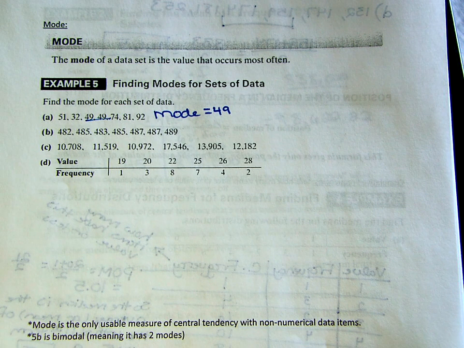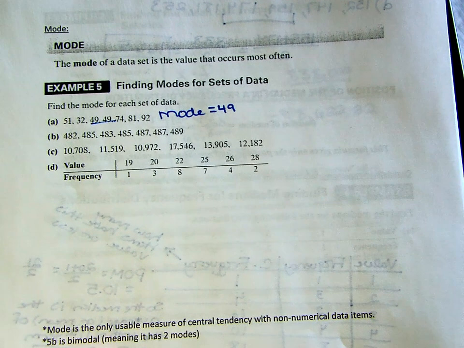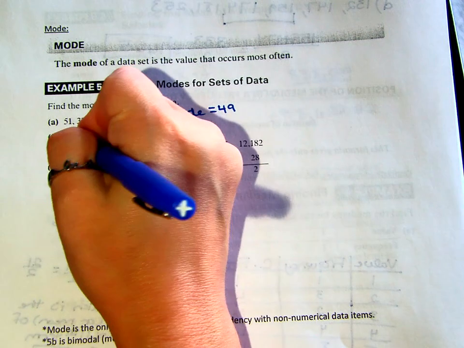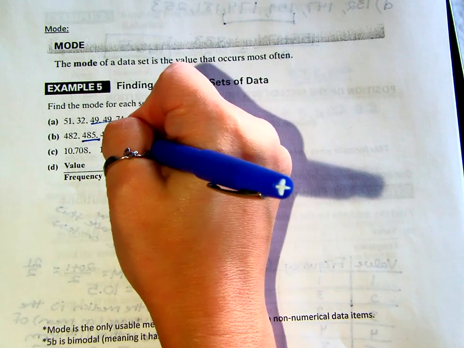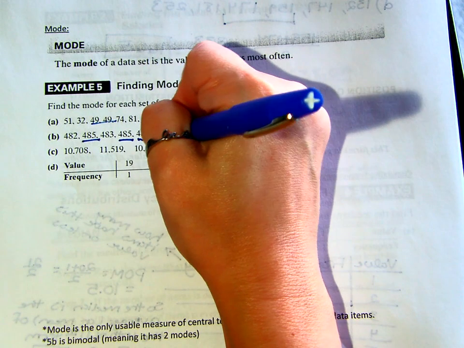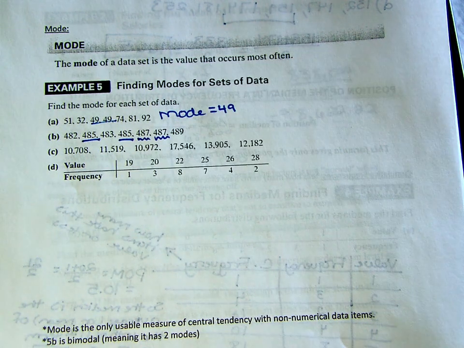So if I look at my next set of data, I have 485 and 485. I also have 487 and 487. So I have 2 different values that both occur twice.